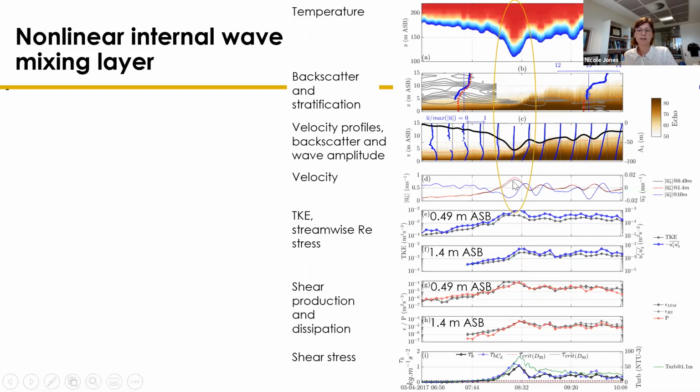We get our highest velocities close to the bed, and these are the measurements at our ADV heights. We also get a response in our turbulent kinetic energy and our stress, where the largest values occur coincident with the time when the isotherms are compressed closest to the bed.